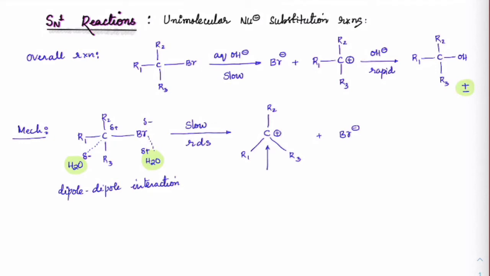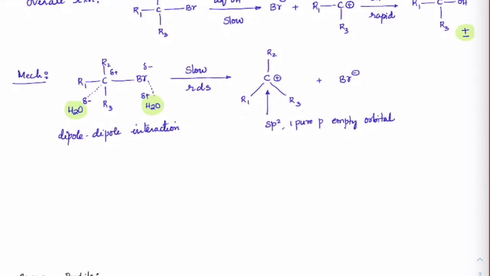And just to remind you, the carbocation is sp2 hybridized with one pure p orbital, an empty orbital. This is the feature of carbocation, and I'm sure you all know that. So this is step 1 that we have seen, correct? The main motivations of this reaction are two. One, stable carbocation formation. Second, how high the polarity of the solvent is. The more polarity the solvent has, the more dipole-dipole interactions it can give, and it can easily break that bond.